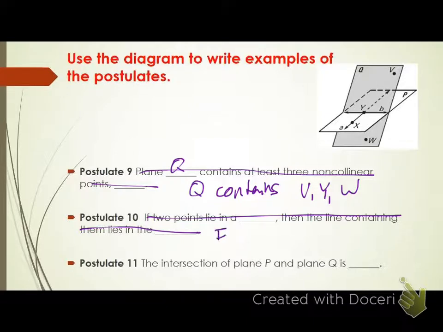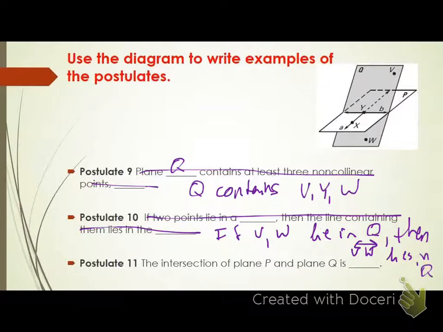So if V and W lie in Q, which they do, then line VW lies in Q. That would be something that you could write as an example, right?